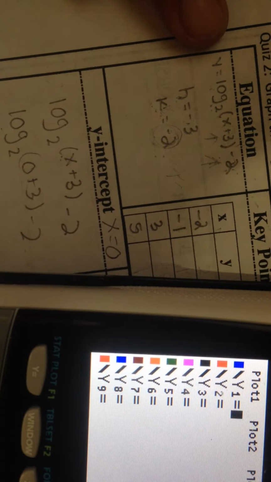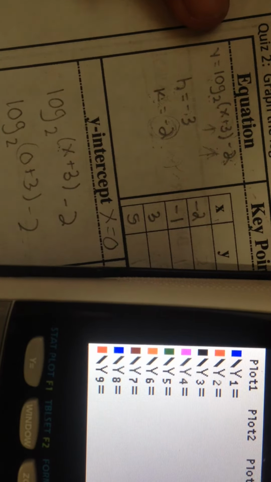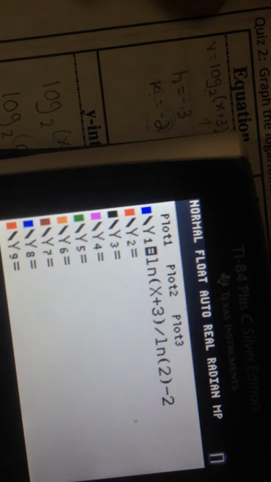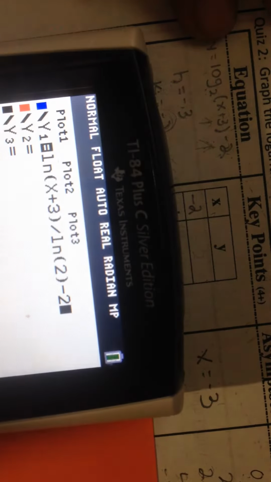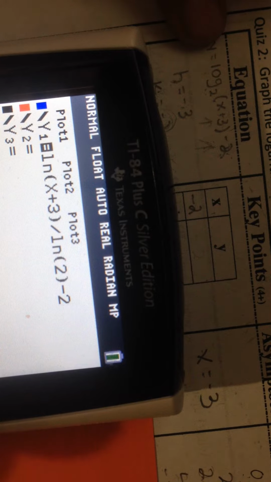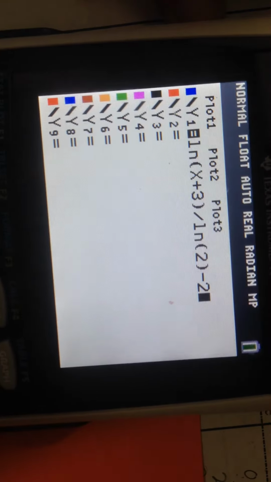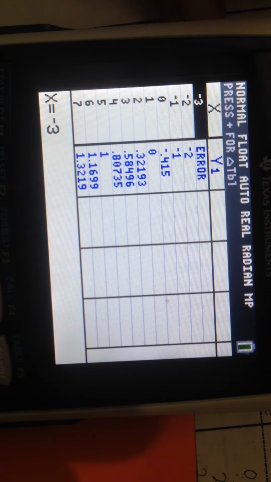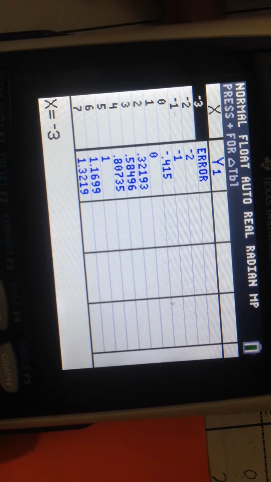So what we would plug in would be the natural log of x plus 3 divided by the natural log of 2, minus 2, and we would go to our table. Okay, and this is our table.